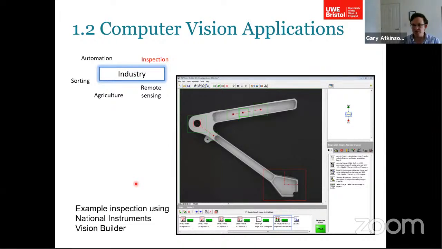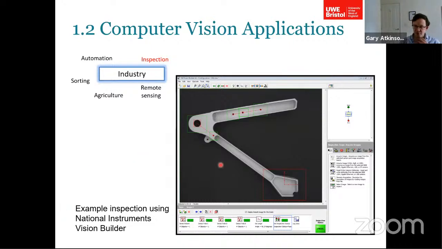So this is a piece of software called Vision Builder, which is made by National Instruments. And I use this for some basic tasks in computer vision, because this shows you the power, in a way, of computer vision for people who have not seen it before. Vision Builder is just like a development environment that allows you to piece together well-established methods of image processing and computer vision to extract information that you might need about a component in industry.